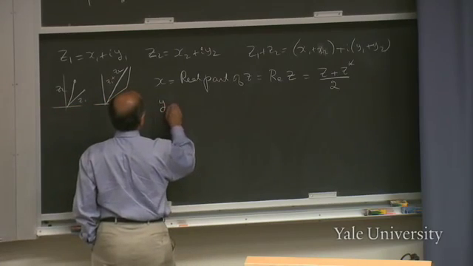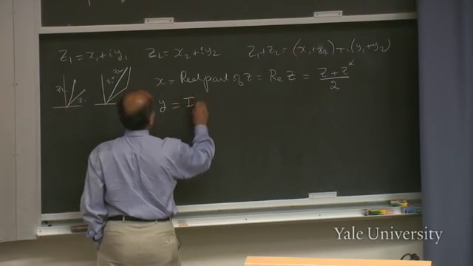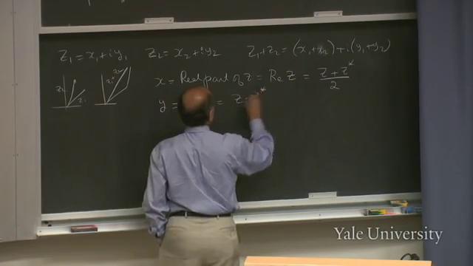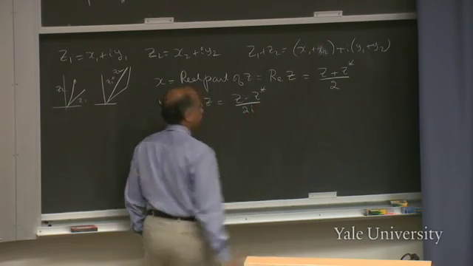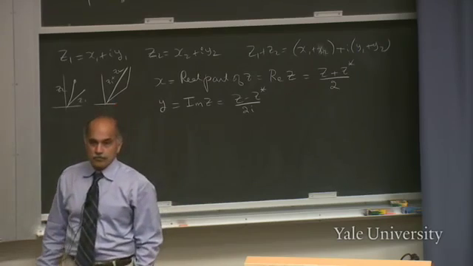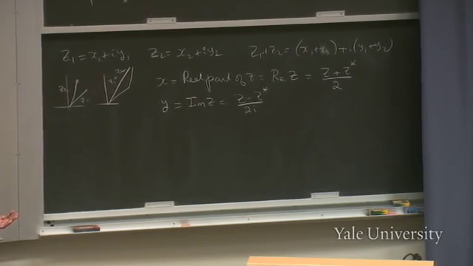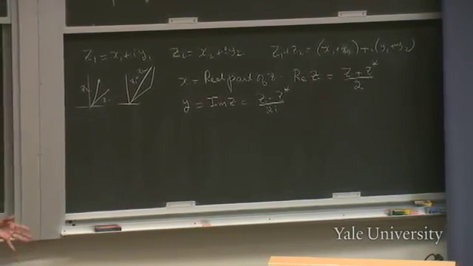If you want to get the y, which is called the imaginary part of z, you take z minus z star and divide by 2i. It's like saying find the x component of a vector.